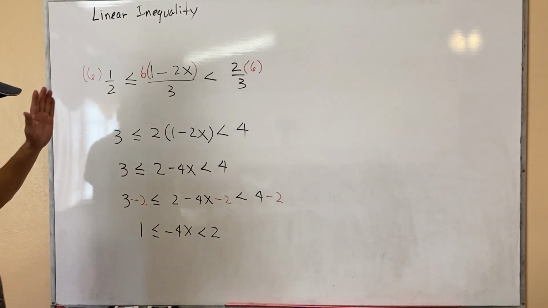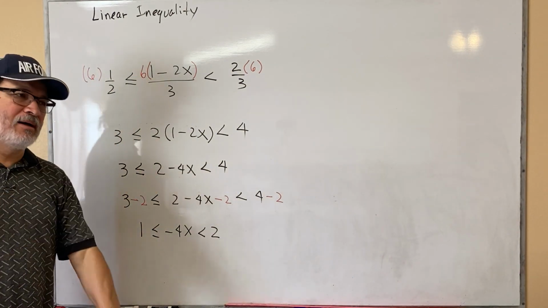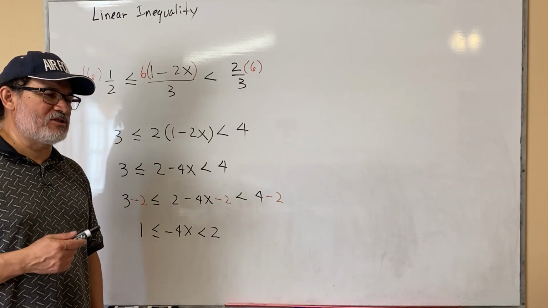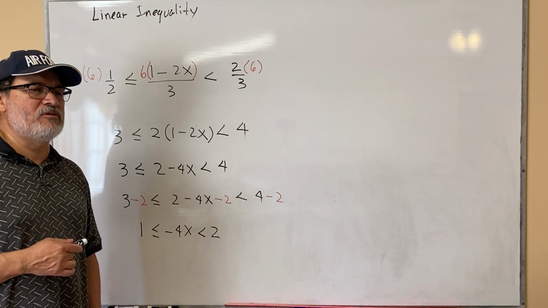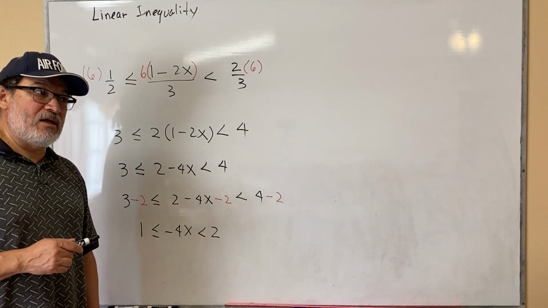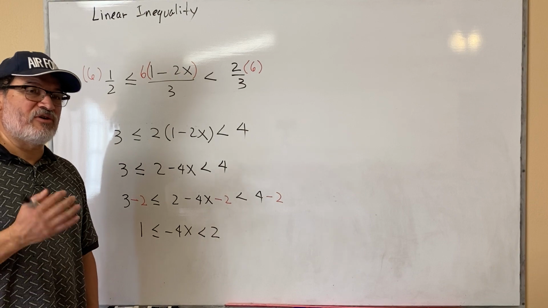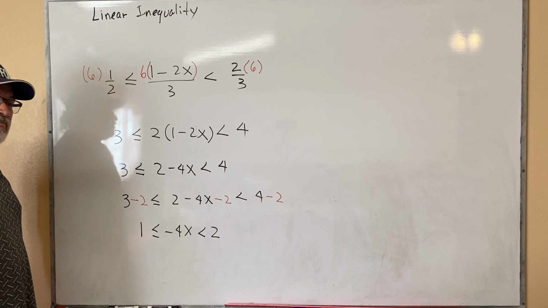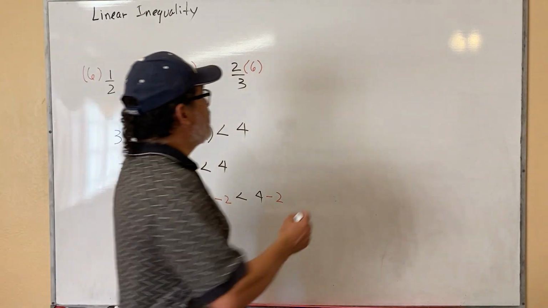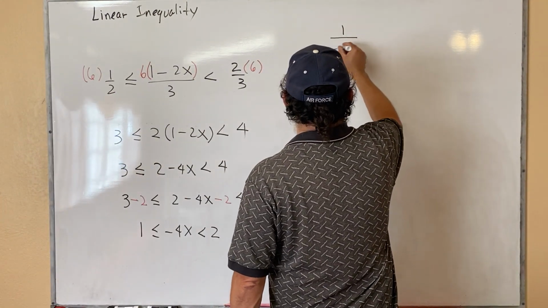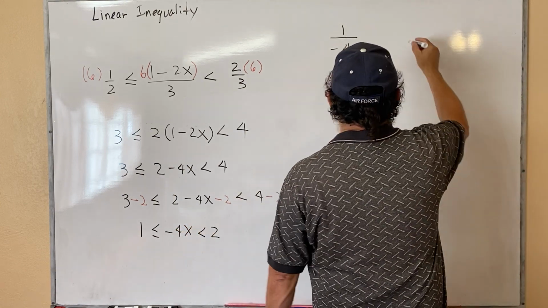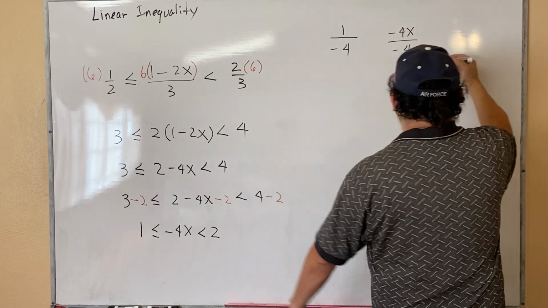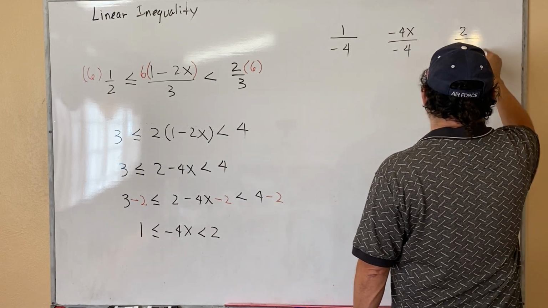Now, I'm going to divide everything by negative 4. And what did we say that we must do when we divide an inequality by a negative? We said we have to reverse the inequality symbol. So 1 divided by negative 4, and this negative 4x divided by negative 4, and this 2 divided by negative 4.